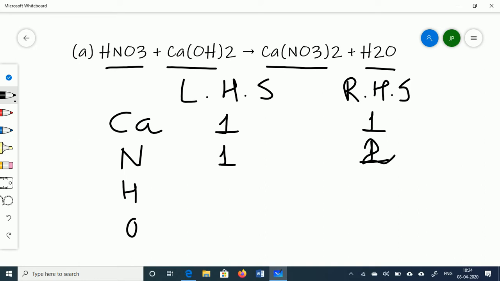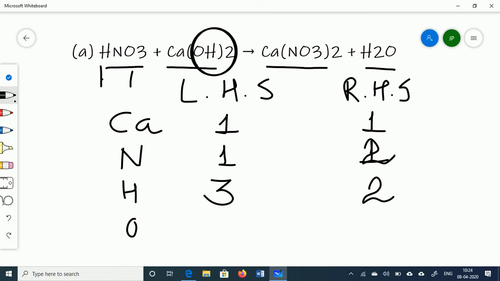For hydrogen, 1 hydrogen here and 2 hydrogen there, so a total of 3 hydrogen on the left hand side, while on the right hand side it is 2. For oxygen, 3 oxygen here and 2 oxygen there.